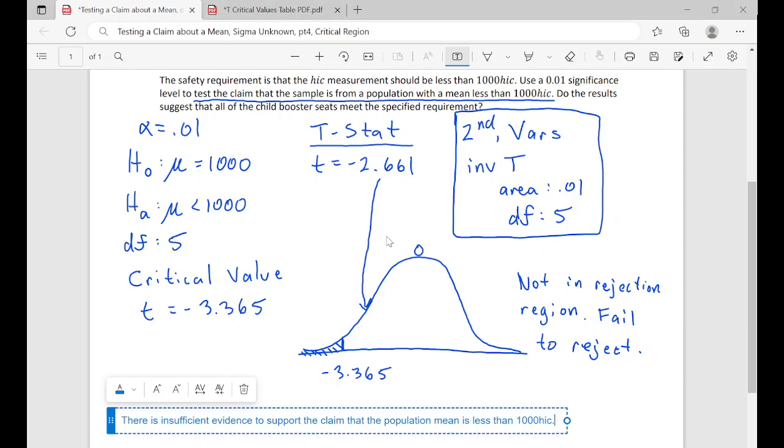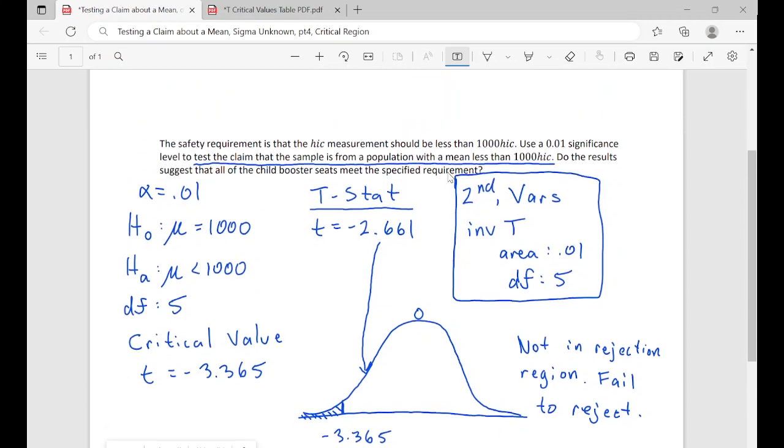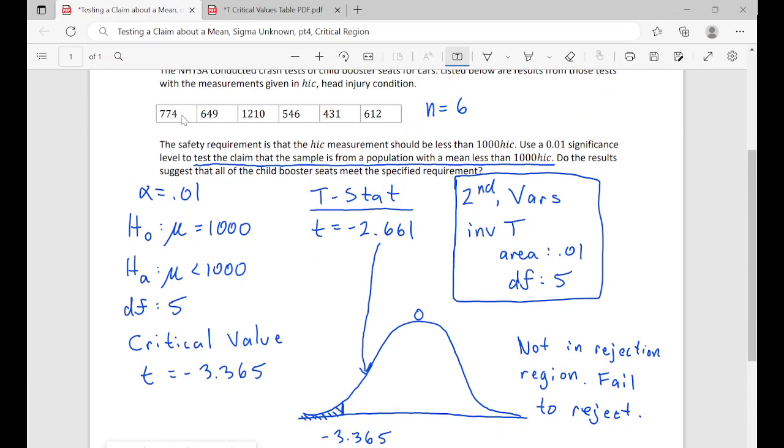Well, we can just look at our data right up here, and we have to be careful. Do the results suggest that all child booster seats meet the specified requirements? We can see, obviously, we got one that doesn't. It's over 1,000.